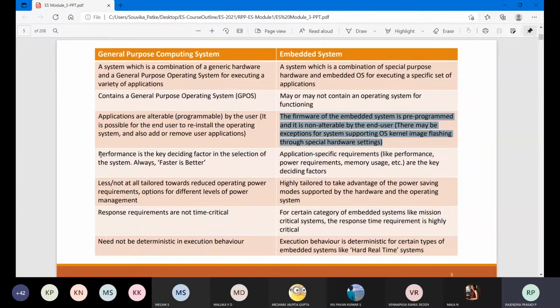Okay. Performance is a key deciding factor in the selection of the system. Always faster is better. Application specific requirements like performance, power requirements, memory usage are the key deciding factors. So if I take application specific, we call it a specialist, right? In cricket also you can observe that there is a batsman, there is a bowler, and in between there is an all-rounder, who is neither completely good in batting nor completely good in bowling, because specialists are required.